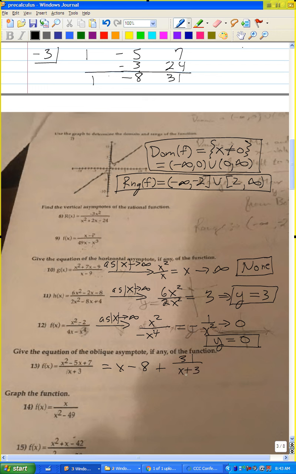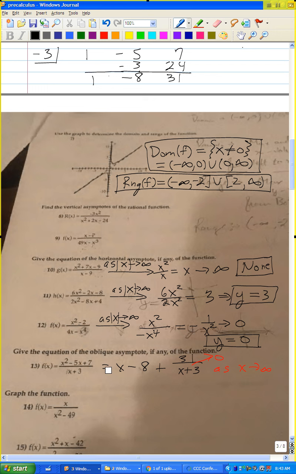So now you notice that this last term goes off to 0 as x is very large. And so that means that in this case, we can neglect this last term.